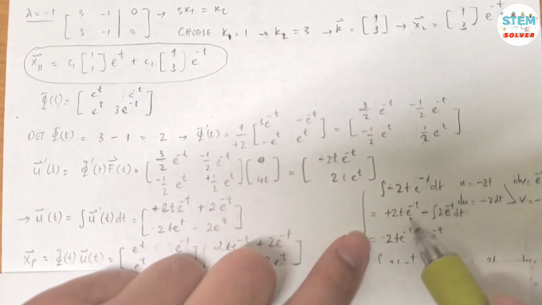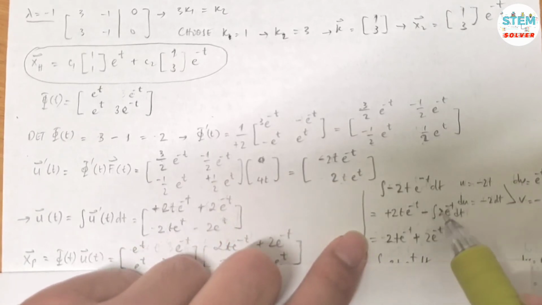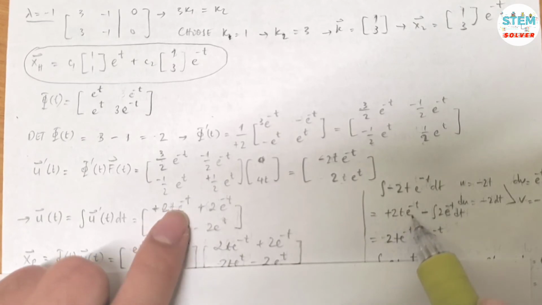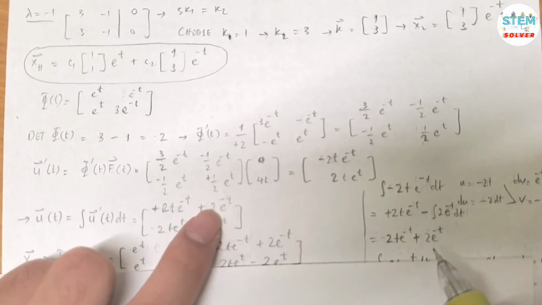Okay, then you work it down, that gives you this. So when you have 2t e to the negative t minus the integral of 2e to the negative t dt, the integral of this one is positive 2e to the negative t, which is this one.